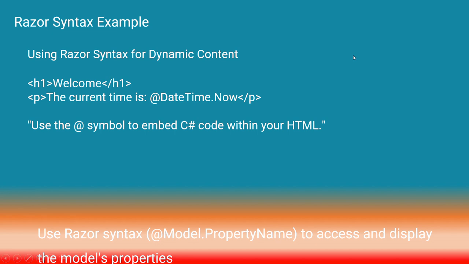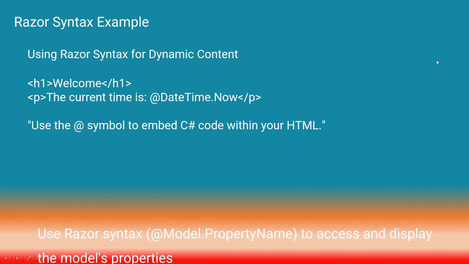Razor uses a special syntax to embed C# code within HTML. Inside the index.cshtml file, add the following code: h1 Welcome /h1, p The current time is @DateTime.Now /p.